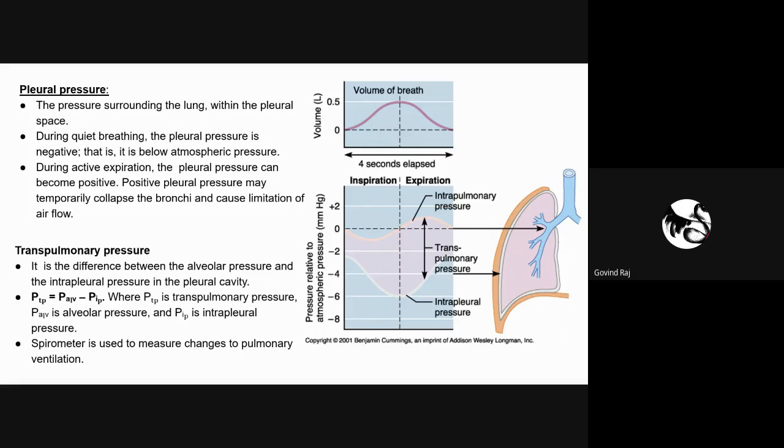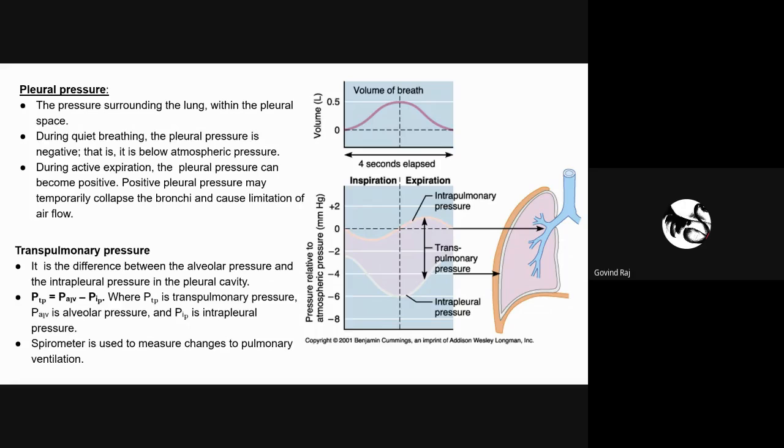At the beginning of the inspiration, there is a negative pleural pressure, that is, negative 2 mmHg, and then as we begin to inspire, it reaches a negative 6, that is, the pleural pressure drops again.